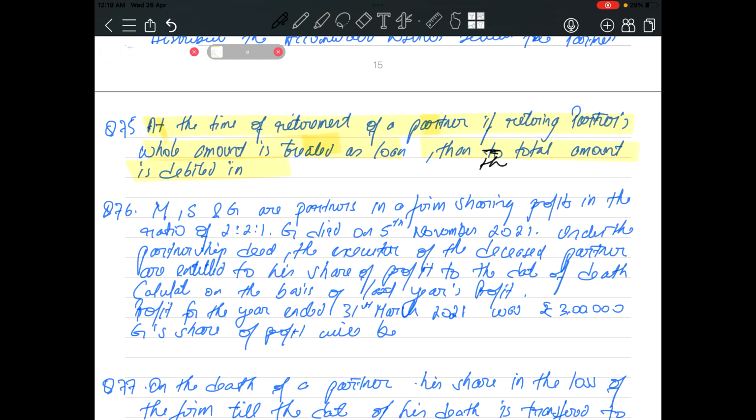What is the right answer? The right answer is the retiring partner's capital account. We used to debit it in the retiring partner's capital account. So question number 75 is done.